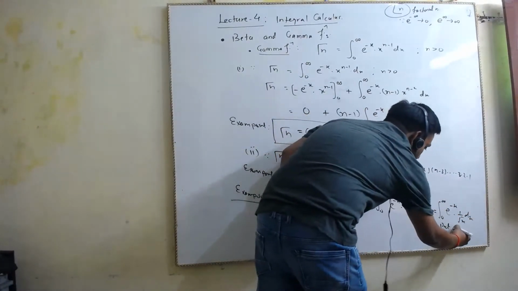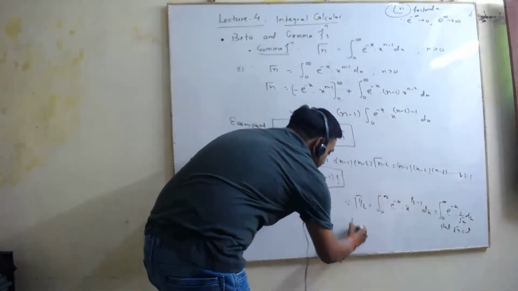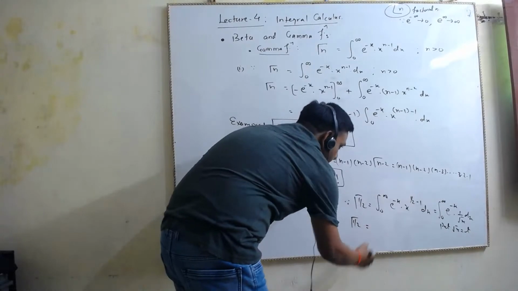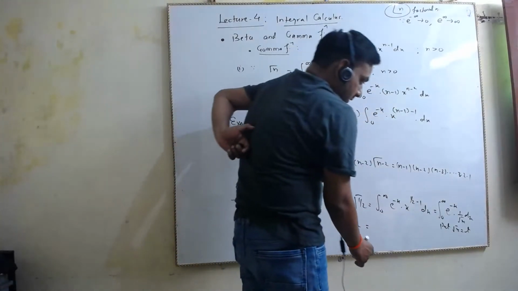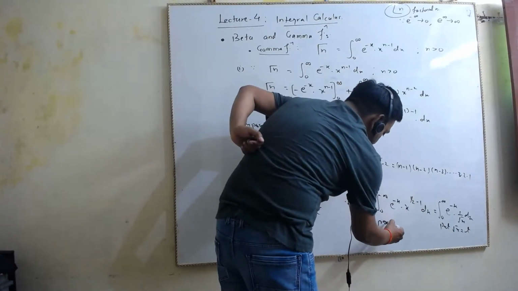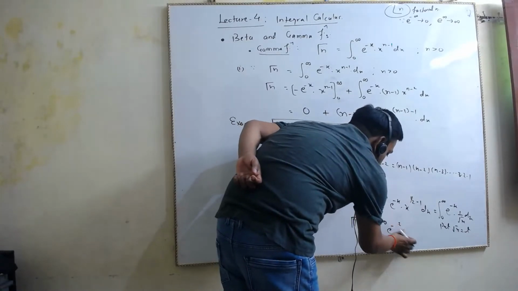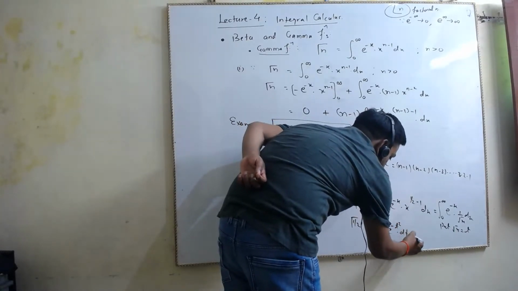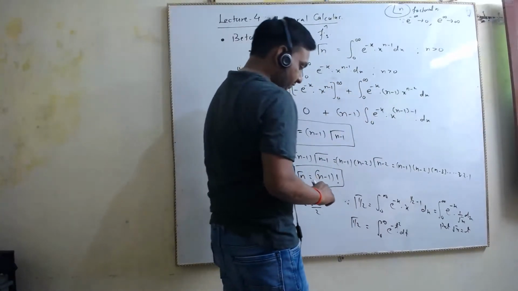If you put root x equals t, what you will get is gamma half equals integral from 0 to infinity of e to the power minus t square, and 1 upon 2 root x will give 2 dt.